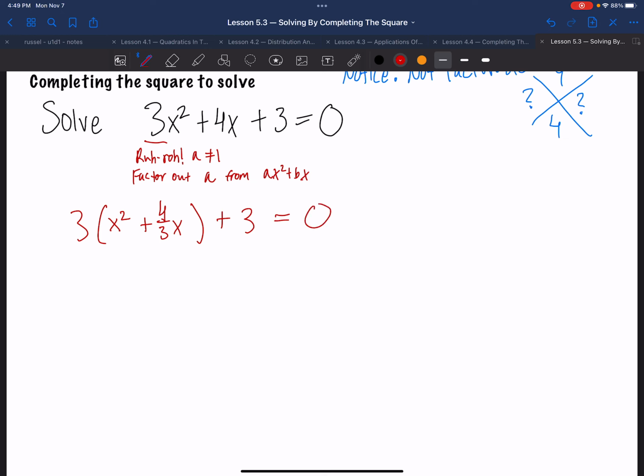And there you go. Now, technically, you should probably rewrite this as root 5 times i, because we always put i at the end. But be careful, because if it looks like root 5i, then that's wrong. So just be careful with that.